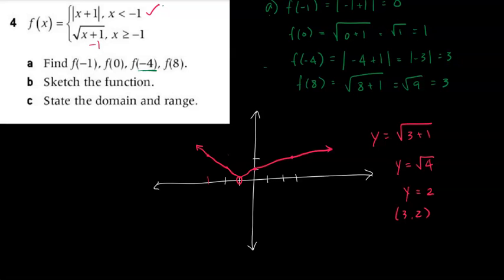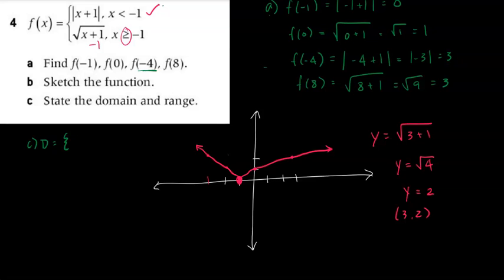And then let's go ahead and find the domain and range. The domain for this function. Well, I forgot to fill in this little -1, because the radical function included that point. And you just fill it in.